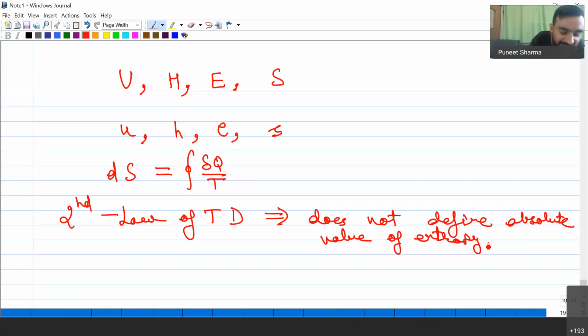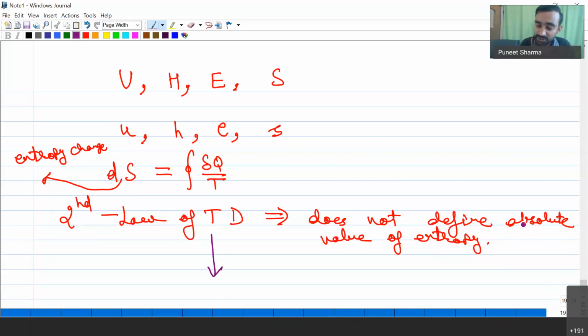As it is defining ds, it nothing but defines the entropy change. So between two states, it defines the relative change of entropy. That's why this is a very, very important point which you should remember: the second law of thermodynamics does not define the absolute value of the entropy, rather it defines the entropy change between different thermodynamic states of the system.